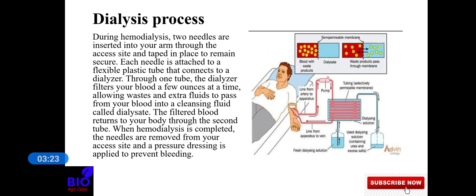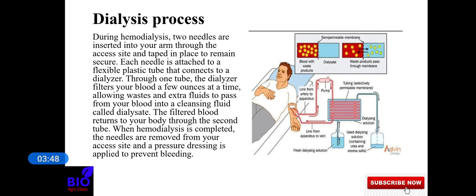During hemodialysis, two needles are inserted into your arm through the access site and taped in place to remain secure. Each needle is attached to a flexible plastic tube, or you may call it a catheter, that connects to a dialyzer.